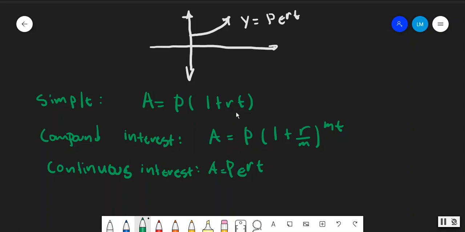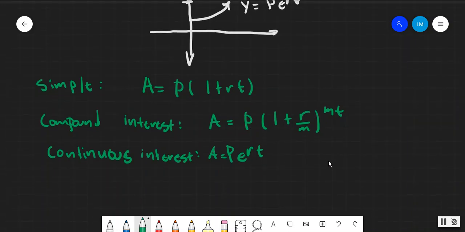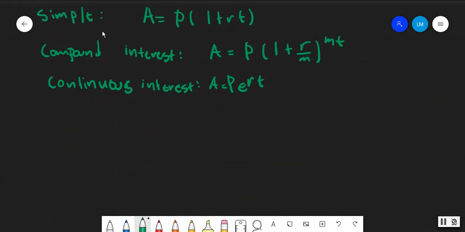For these respectively, these are the future values, mind you. So don't get confused if you want to solve for P. We'll just divide, and same thing, just divide. So those are those formulas respectively.